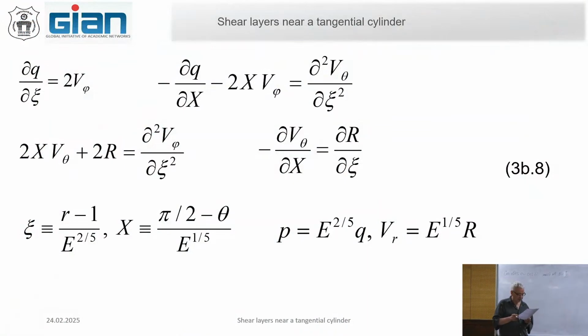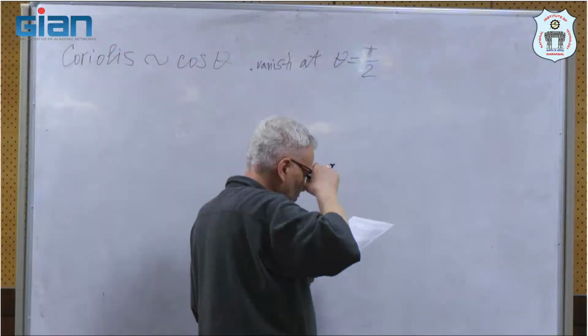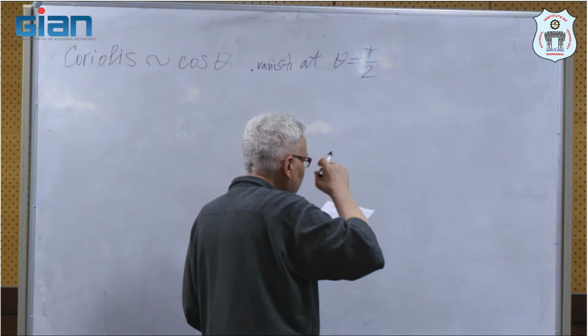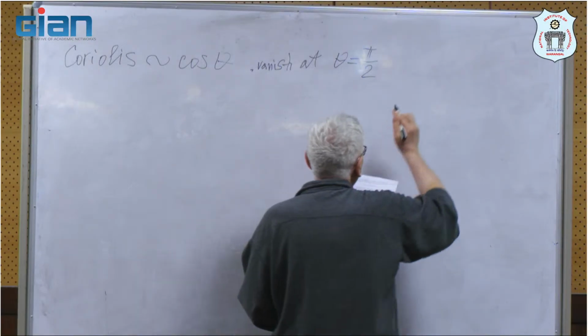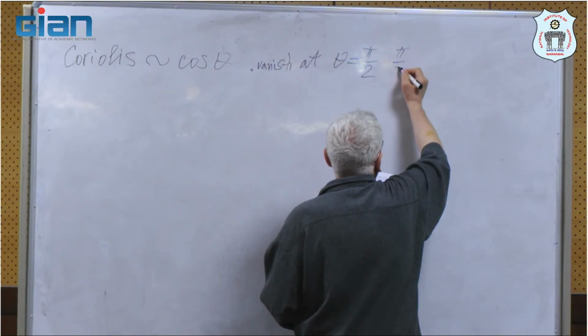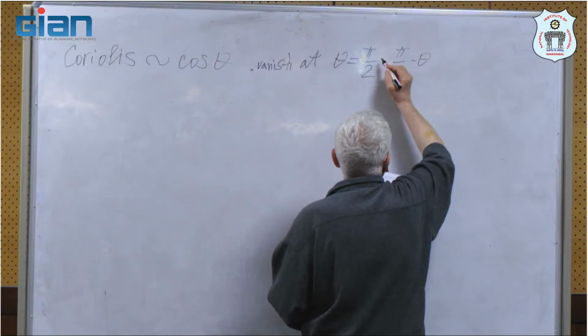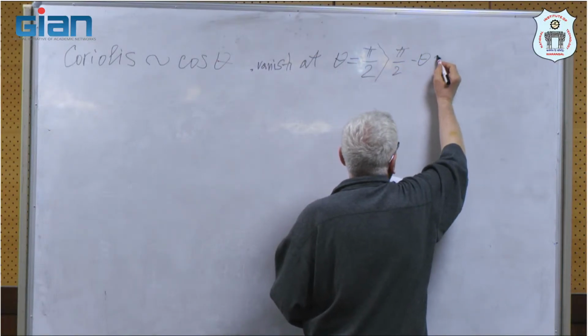To determine the critical criteria for the transition from the Ekman layer to the equatorial shell layer at latitude, here we have polar longitude, but if we consider latitude itself, it's related to this theta like half pi minus theta, and in this case it's actually about 0.